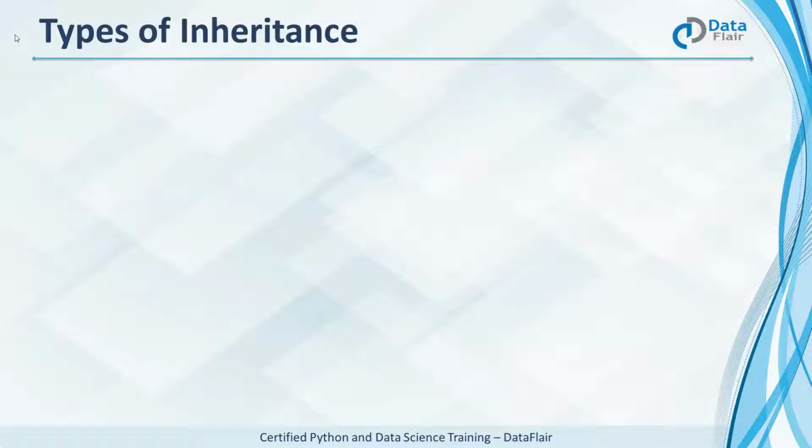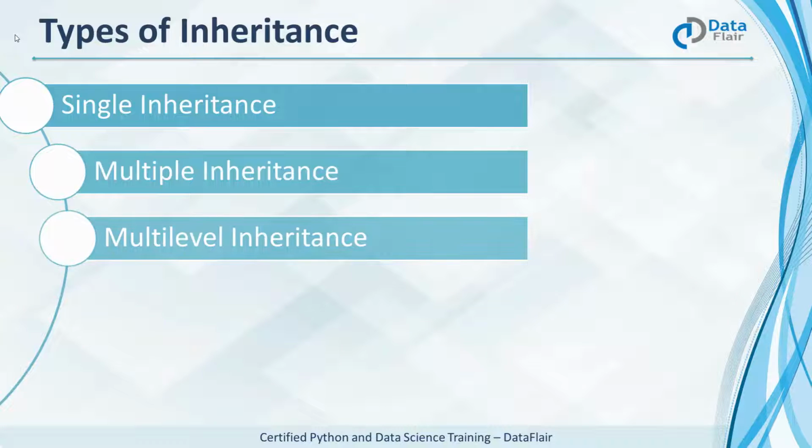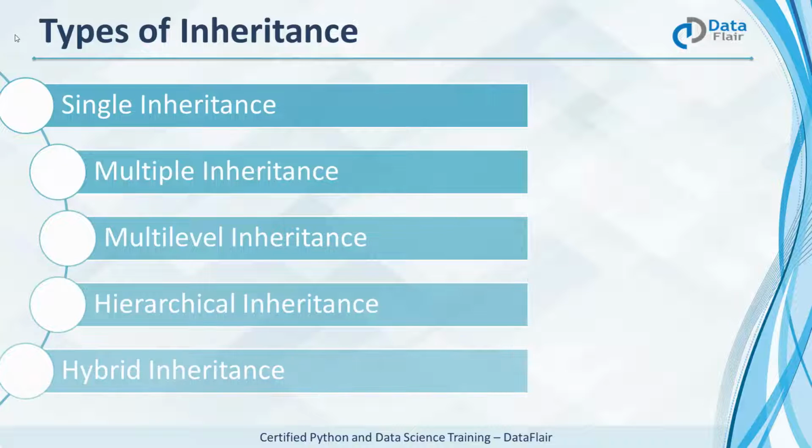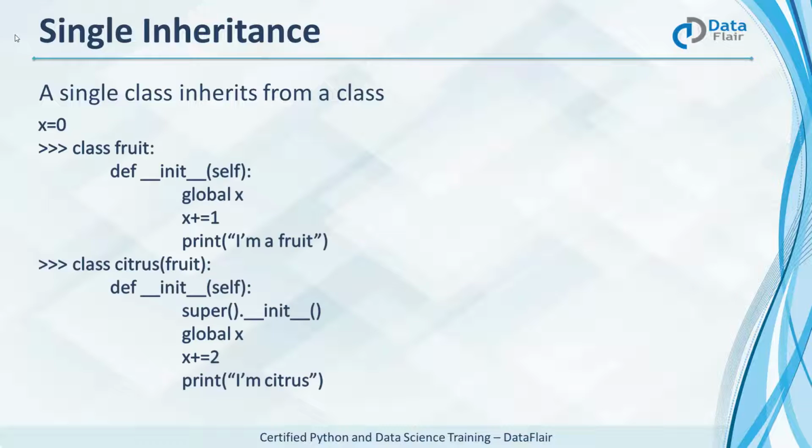We have 5 types of inheritance in Python: single, multiple, multi-level, hierarchical, and hybrid. Let's start with single inheritance. A single class inherits from a class. Say x is 0.